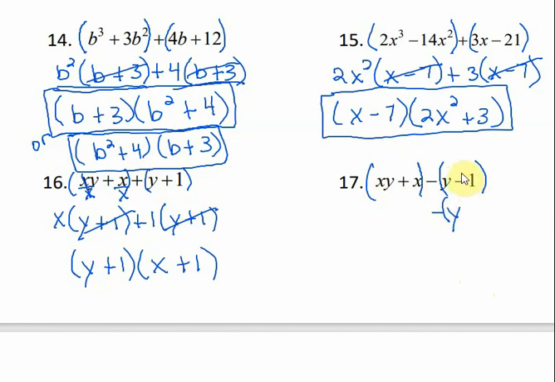So we also have to change this sign, whatever that sign is, it's negative, so we're going to change it to a positive. If it were positive, we would change it to a negative. So we're changing it to a plus, and so we always check it to make sure, if we were to go backwards and we were to distribute that negative, that would become a negative y and a negative 1, which would have been what we started with, okay?